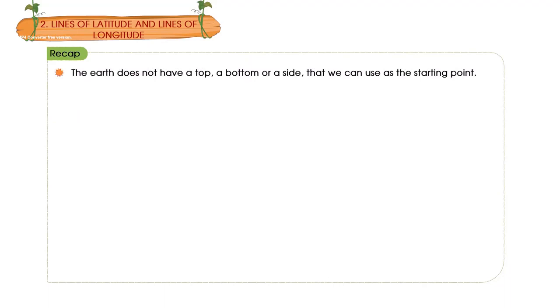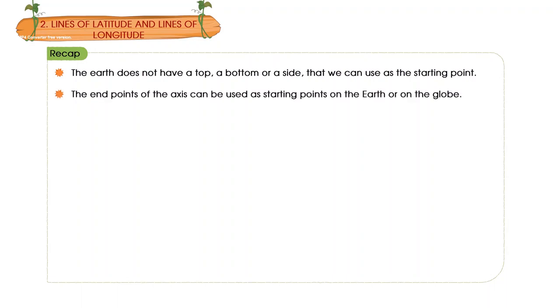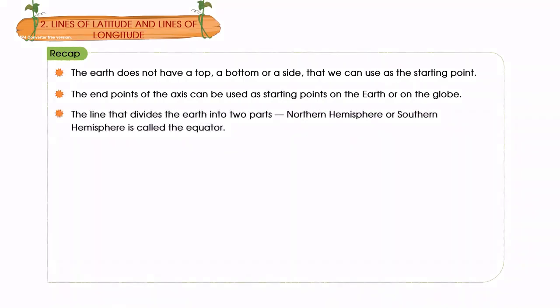Recap. The Earth does not have a top, a bottom or a side that we can use as the starting point. The end points on the axis can be used as starting points on the Earth or on the globe. The line that divides the Earth into two parts, northern hemisphere and southern hemisphere, is called the equator.